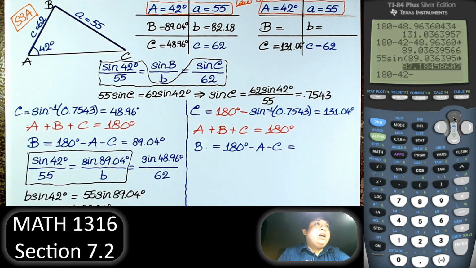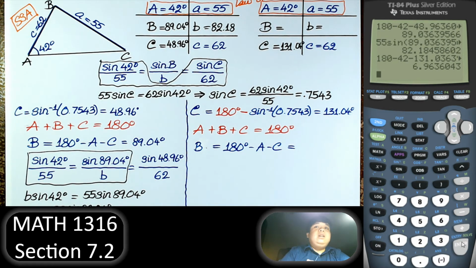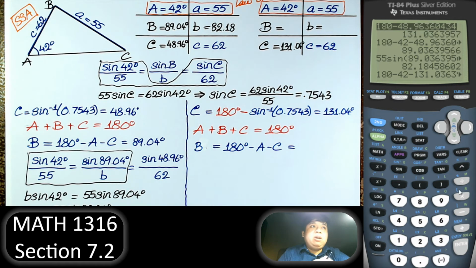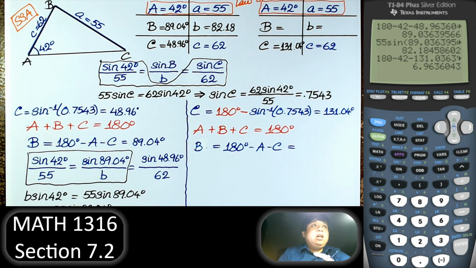We actually have that number here. Copy and paste. If your calculator can do that, when you highlight the number, hit enter, it will copy and paste. If your calculator cannot, we just have to copy the number manually by typing it. But here we have B is 6.96 degrees.